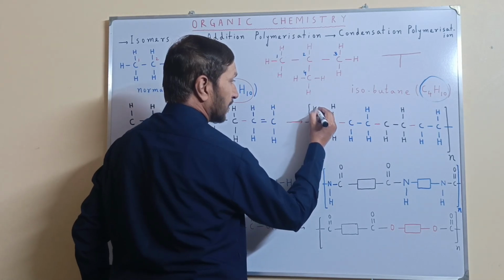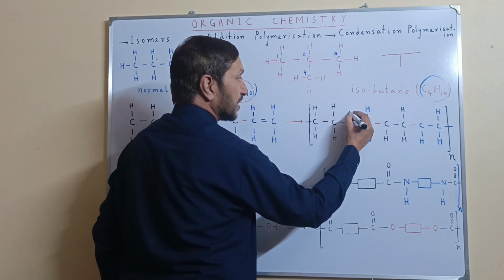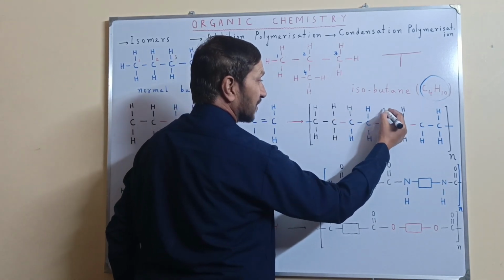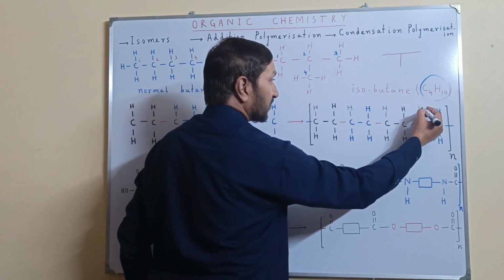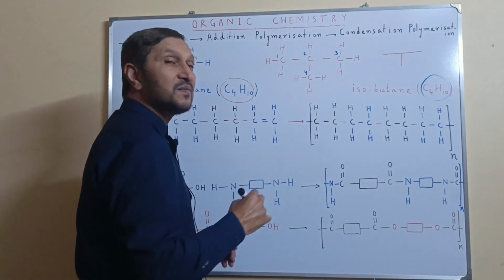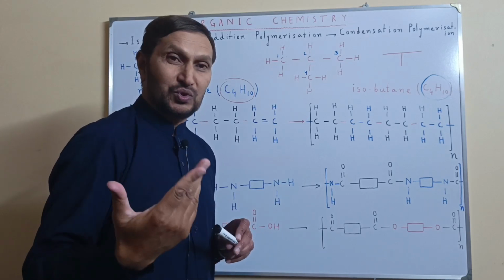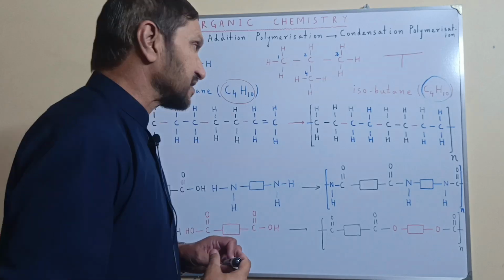So when the double covalent bonds are broken, they form polyethene. So this is a polymer, and this type of polymerization is addition polymerization because the same type of monomers are used in addition polymerization.